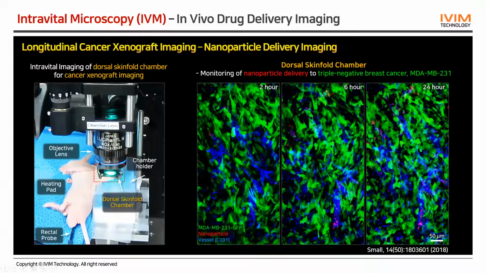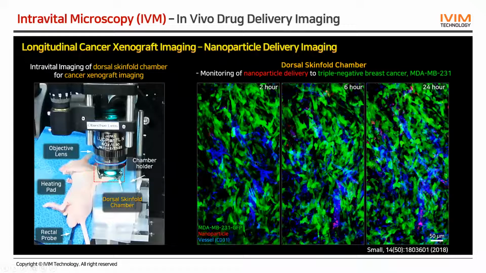And using the same technique of the dorsal skin fold chamber, we can monitor nanoparticle drug delivery to the breast cancer cells. Actually, this is MDA-MB-231 in the green. This is 2 hour, 6 hour, and 24 hour imaging obtained after the intravenous injection of this nanoparticle.